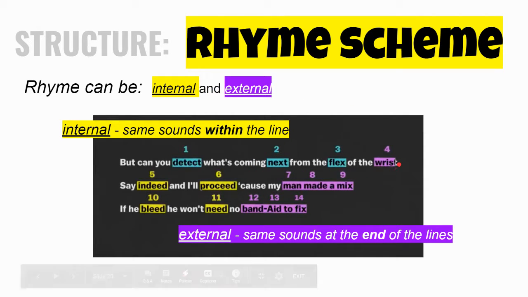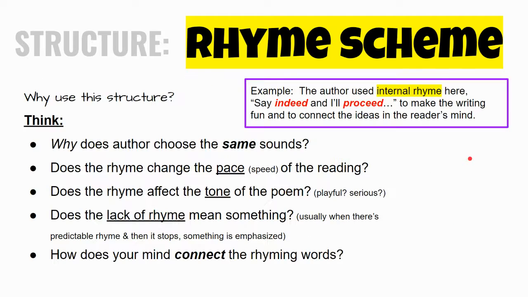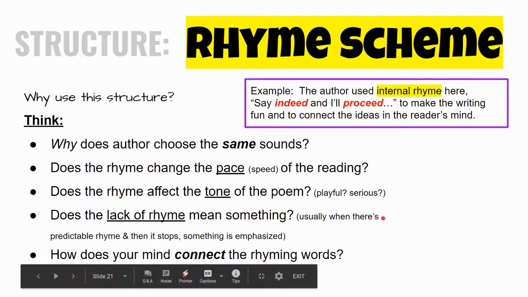Okay, and a lot of times they'll use the same sounds to change the pace of the reading because you automatically try to skip ahead to think about, okay, how is this going to rhyme? Sometimes it makes it more fun or more edgy. But then if there's a lack of rhyme, what does that mean? Maybe it's more serious. And is the author trying to connect these rhyming words?